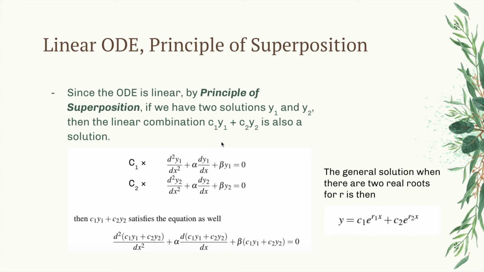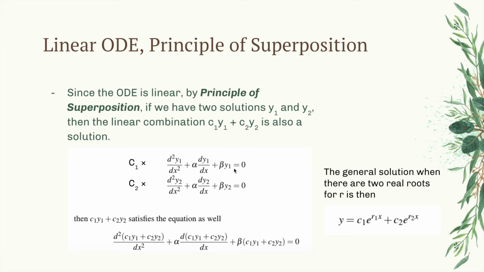Since the ODE is linear, by the principle of superposition, if we have two solutions y1 and y2, then the linear combination c1y1 plus c2y2 is also a solution. This is shown below. y1 satisfies the equation, so we have this, and similarly for y2.